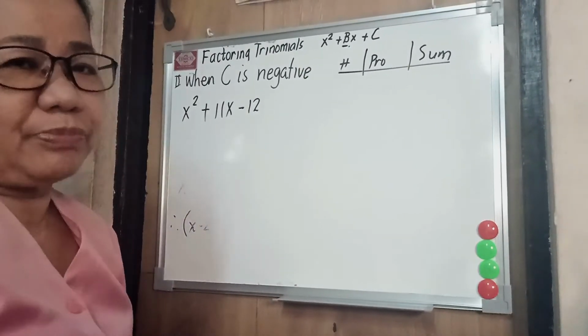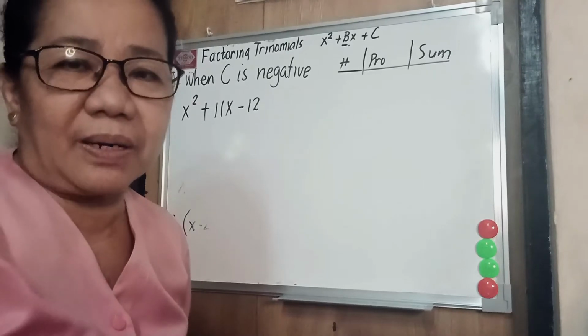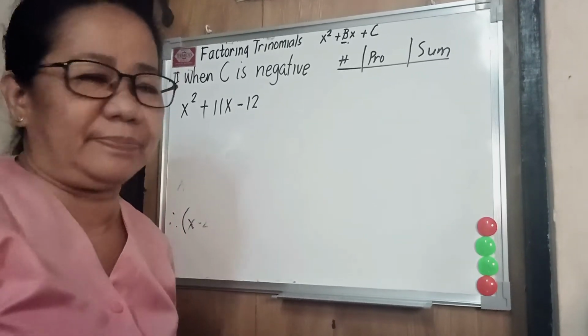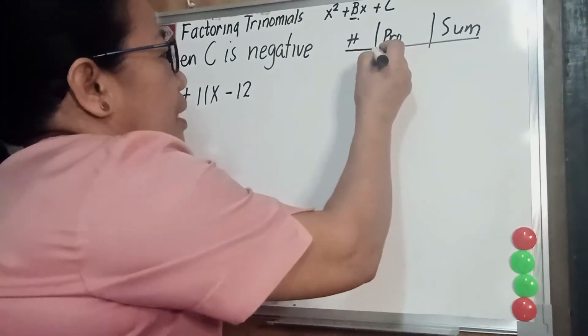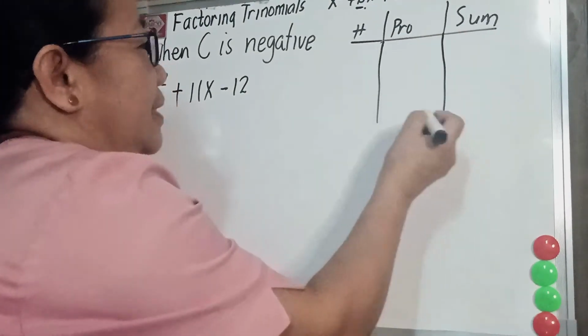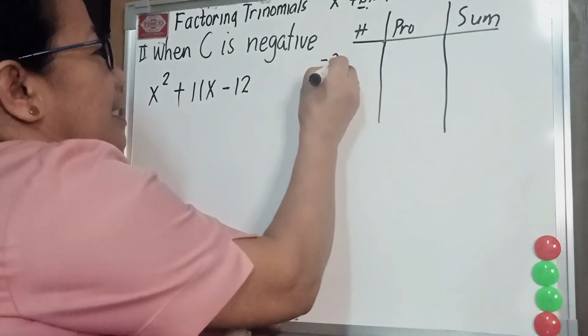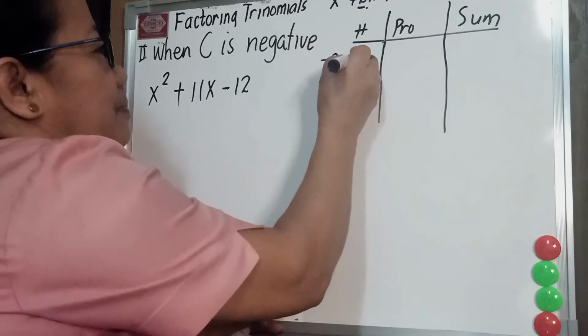Always remember that the larger number will be the sign of the middle term. So, let us have the pair of numbers. Let us have negative 3, positive 4.